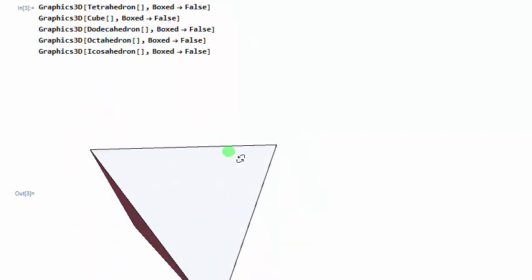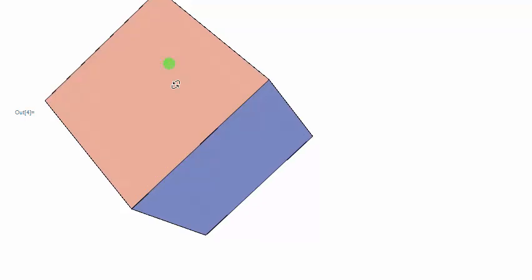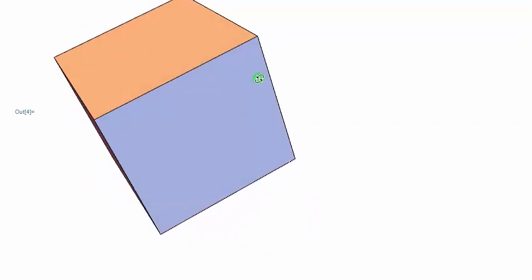If we look at our 5, so we have the tetrahedron here. Spin that around. So we have those 3 equilateral triangles making up the sides. Looking at just the cube, there we have 4 sides on each.